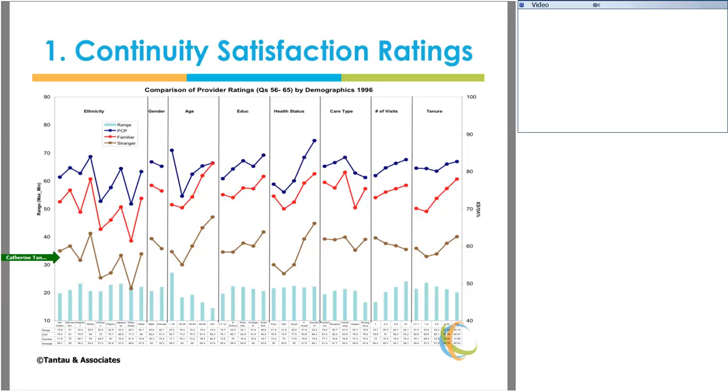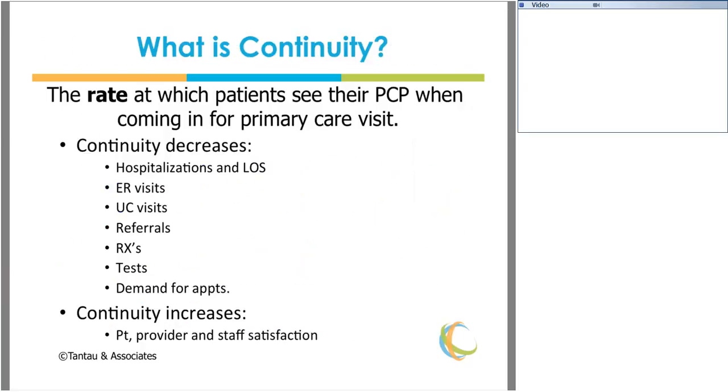And this is where we were when we developed this model. We had access to some of this data, and we thought, wow, continuity has definitely got to be part of what we do. And we've talked about continuity. It's simply the rate at which patients see their primary care provider when coming in for a visit, and all the good things that happen when we have good continuity: fewer hospitalizations, shorter length of stay, and the list goes on.